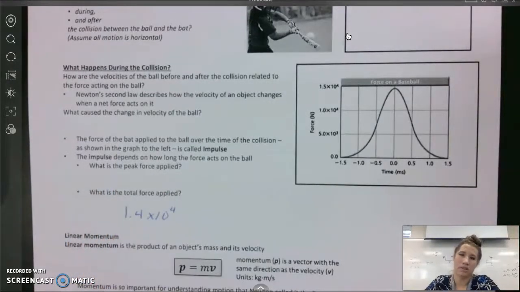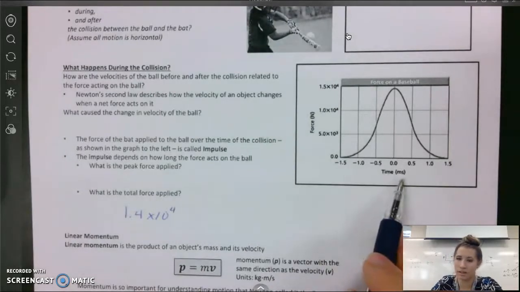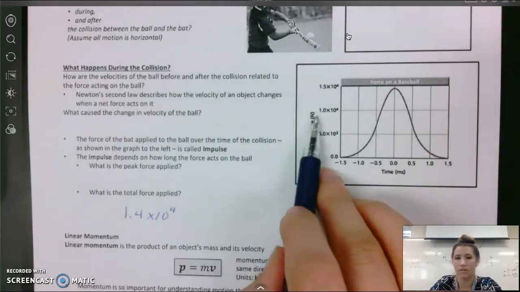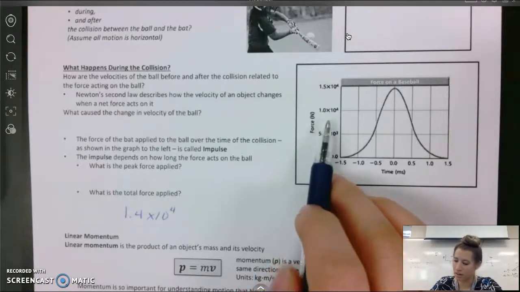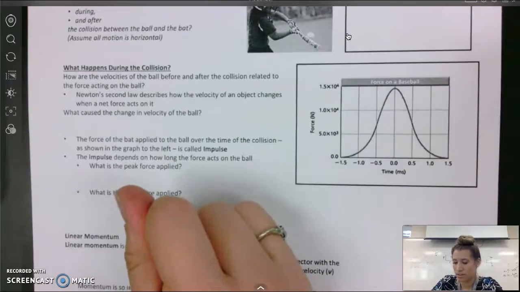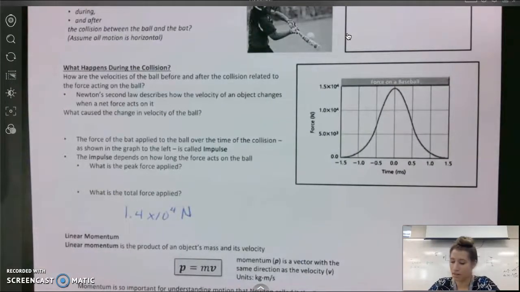And what are our units? Okay, you may not want to instantly, like, it's a force, so we go, okay, newtons, but time is in seconds and this is milliseconds, so let's just double check. Okay, so it is newtons. It's not like a millinewton or anything like that. Okay, so that's a big force. Think of all of the zeros up there.